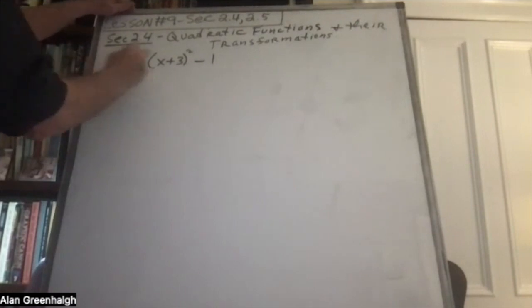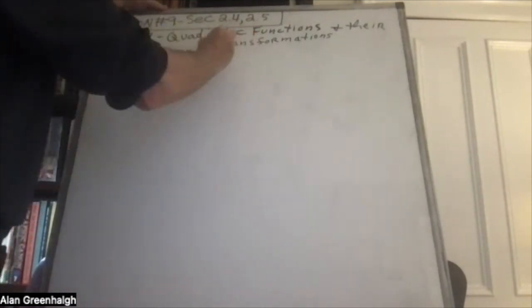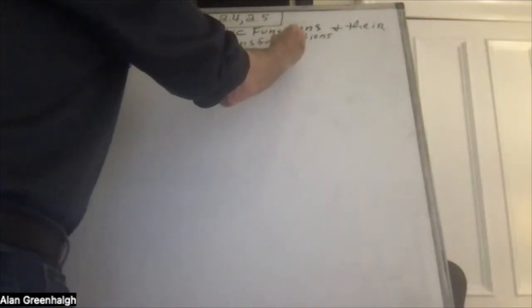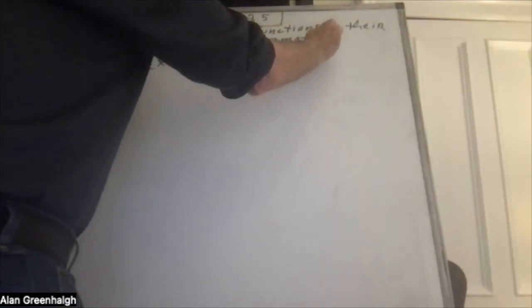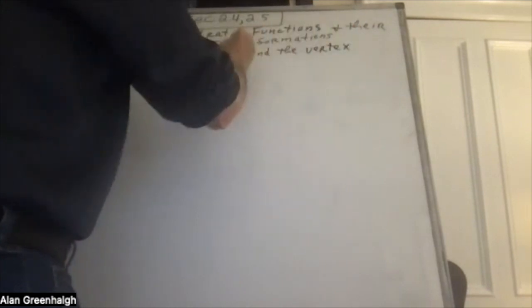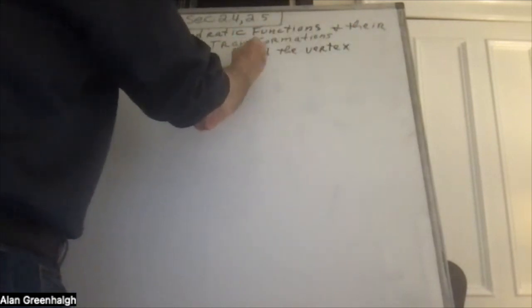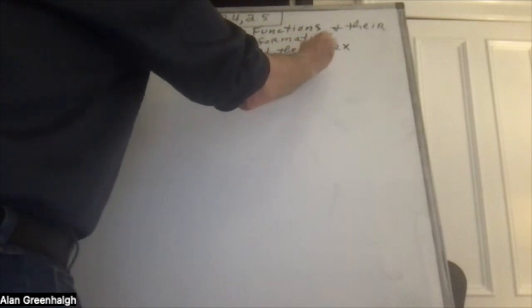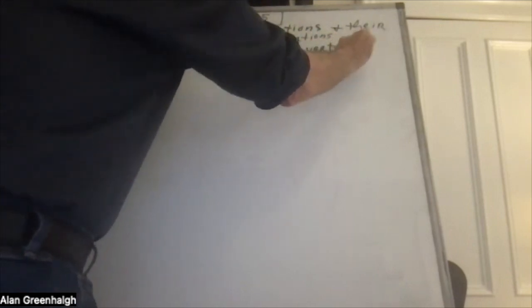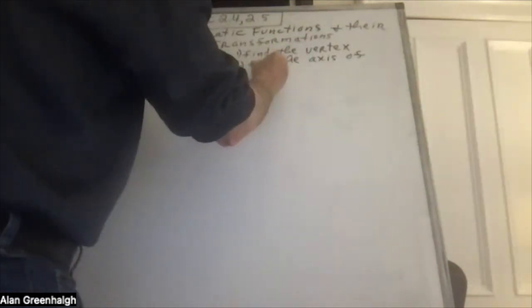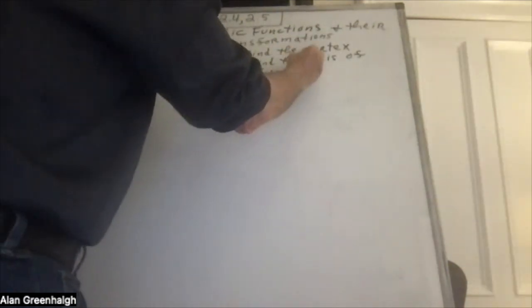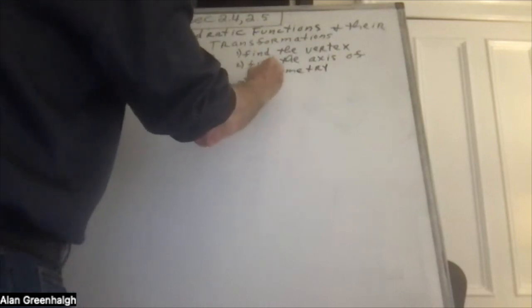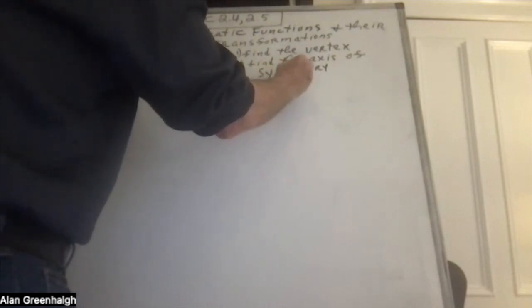Okay, so here are your instructions. Find the vertex. Find the axis of symmetry. Find the x-intercepts.